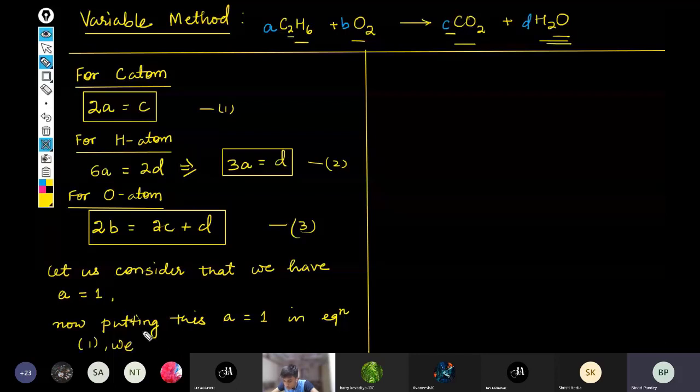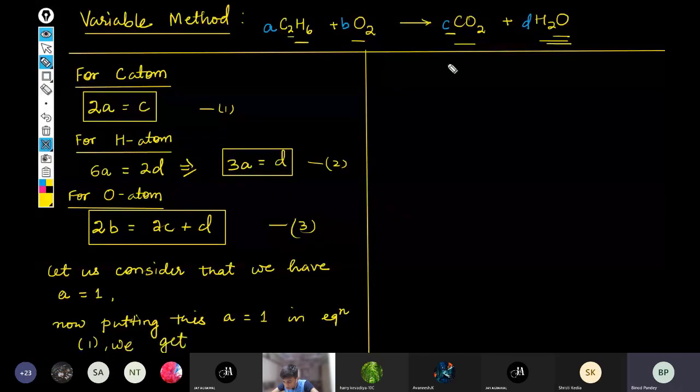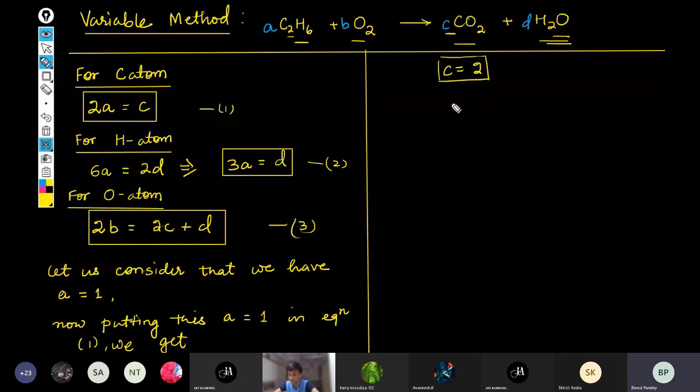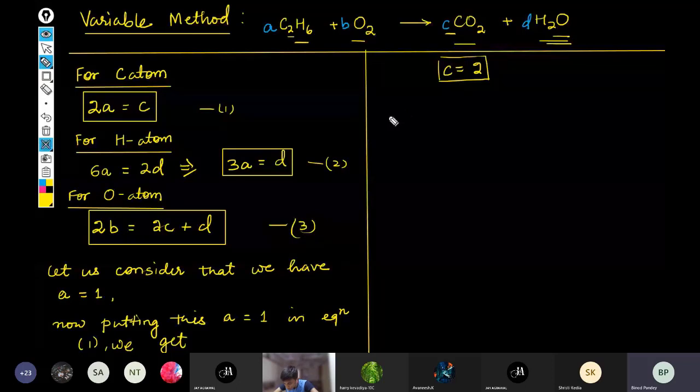C equals 2. Yes, beta, C is equal to 2. Is it fine, beta? Yes, sir. Now we know about A, and we know about C.